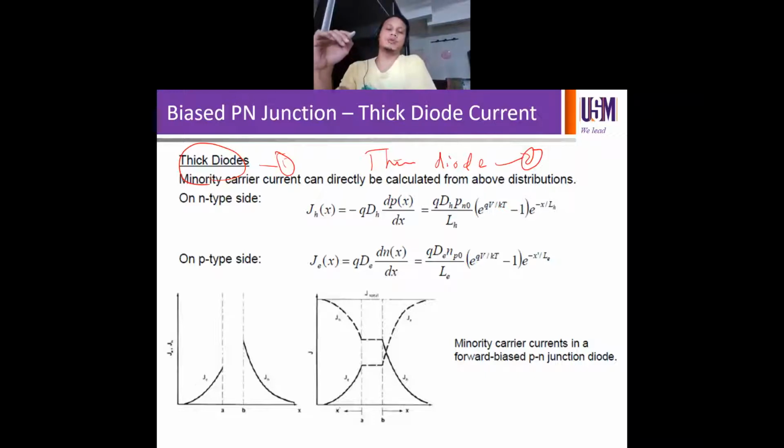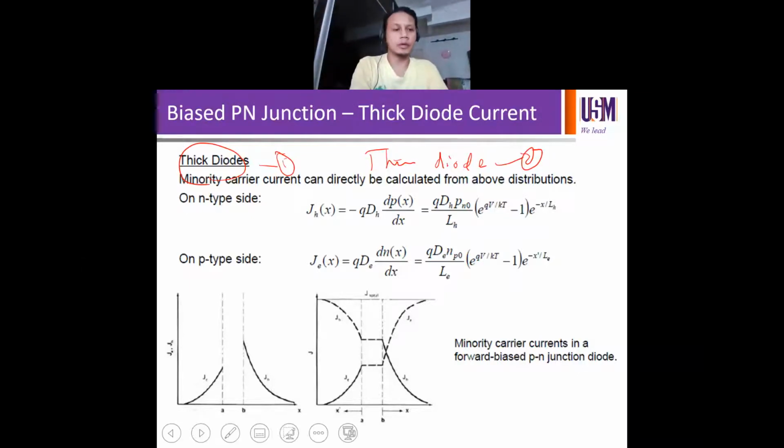Thick diode is where you have a very thick PN junction in total. That means your minority carriers that you have calculated so far, pn(x) and np(x), will recombine before they reach the end of the silicon, right? So if you draw here the silicon, the carrier doesn't manage to get to the end of the silicon to reach the contact.